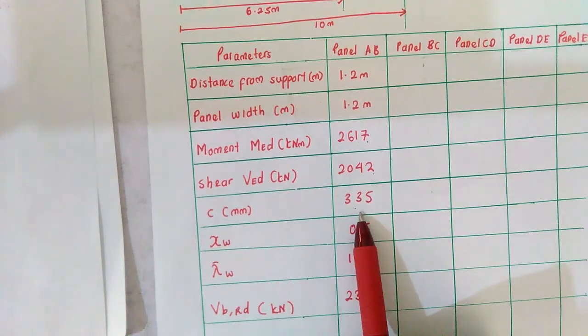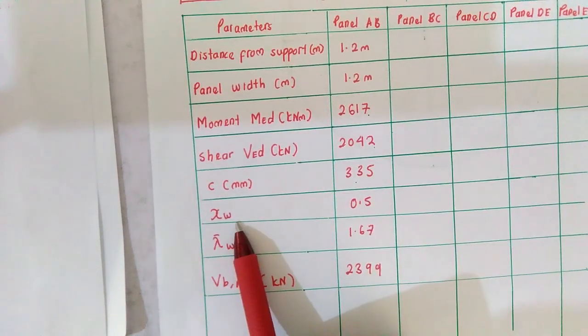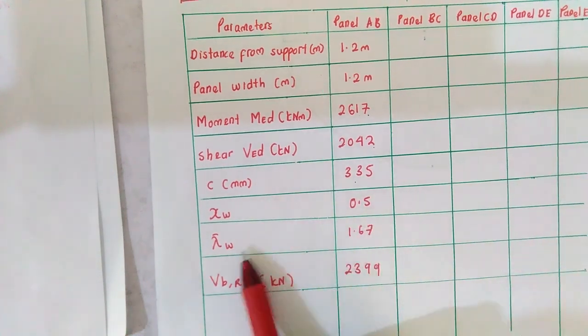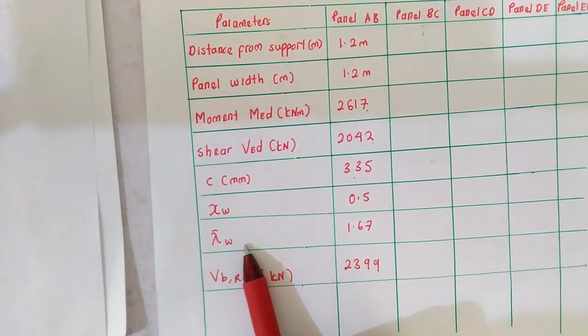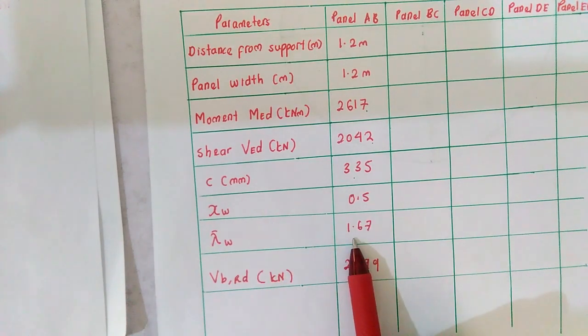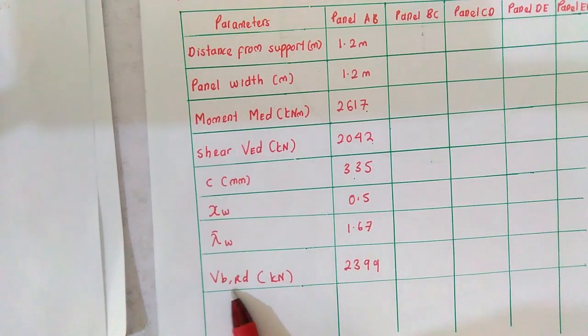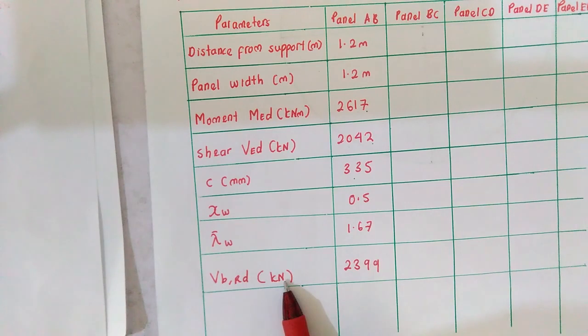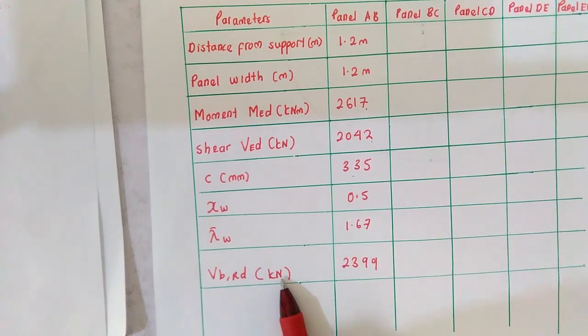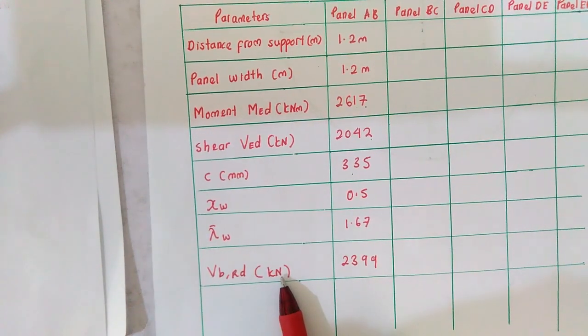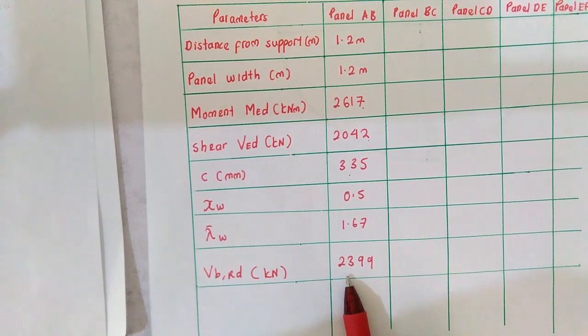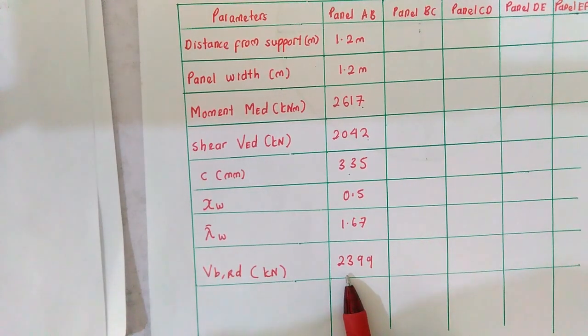C is 335, the contribution factor for web is 0.5, and the slenderness parameter lambda W is 1.67. Finally, taking into consideration the contribution from web and flange, you get 2399, which is acceptable.